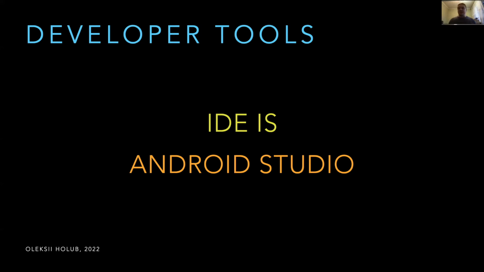Okay, cool. So the IDE is Android Studio. A few years ago, as I already mentioned, there was a different option, but it's definitely not supported, it's deprecated. So the only way is Android Studio.